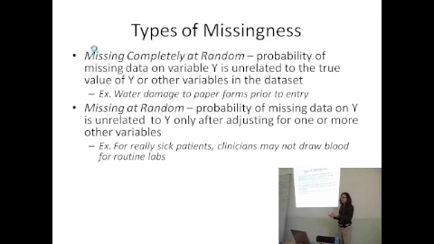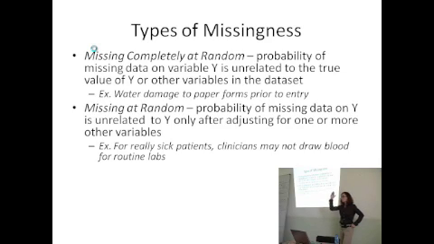So y could be white blood cell count. Well, you're going to have a really high white blood cell count if you're sick, right? I think. Do I have any clinicians in here? No. So this is going to be a problem, right? Because if the clinicians fail to draw blood on all those patients who are sick, then you may not see any high white blood cell counts in the database.